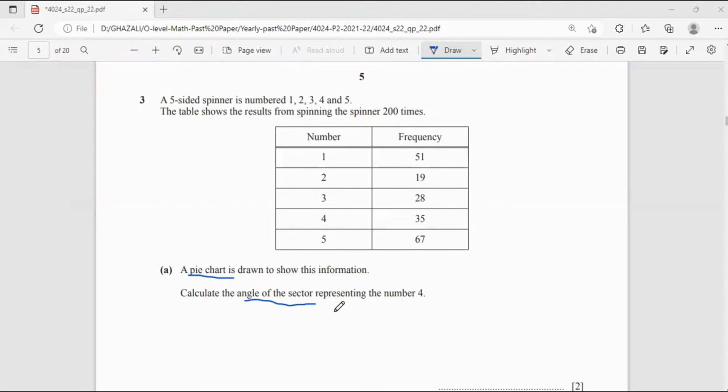Calculate the angle of the sector representing the number 4. A pie chart is a type of graph in which the data is represented in a circle. The sector of the circle or angle represents the part of the data.